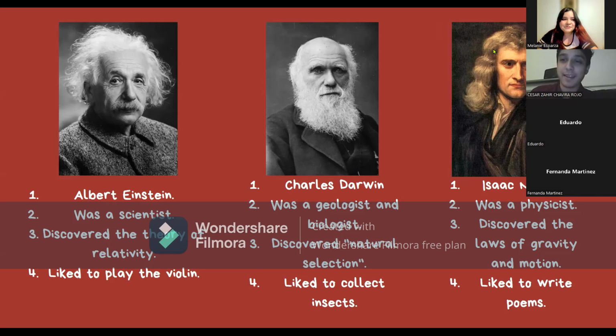So the one that was not true was about Isaac Newton. For example, Isaac Newton, who was a physicist, didn't like to write poems. So that was the one. There was one that was fake.